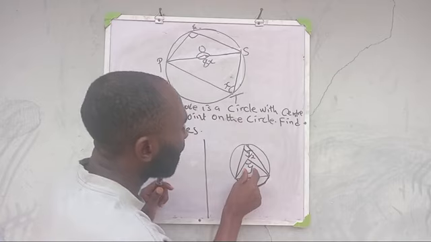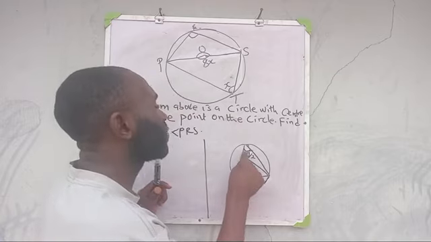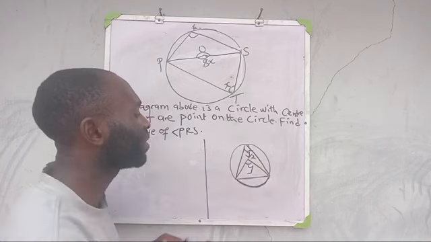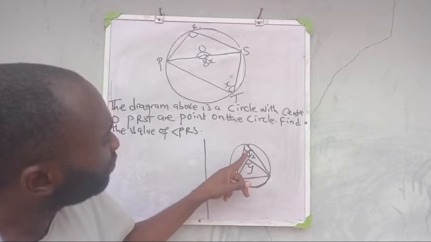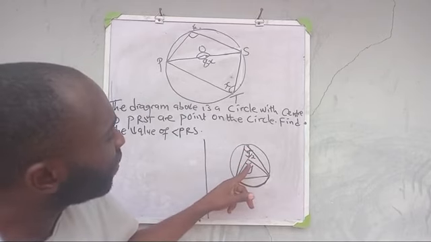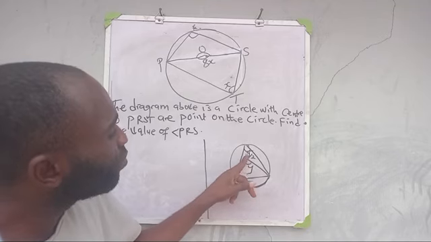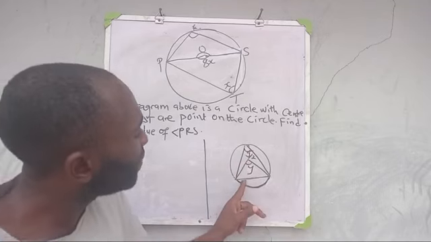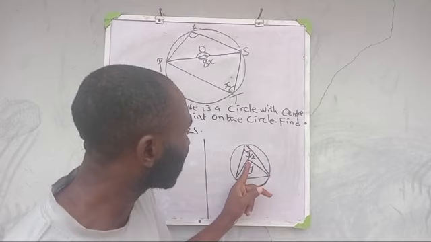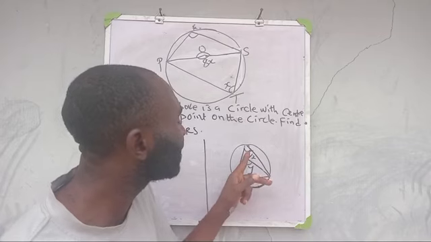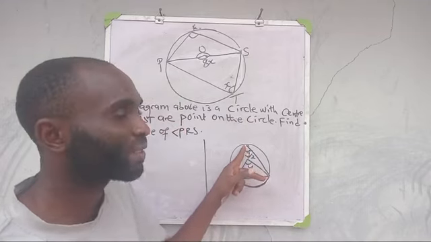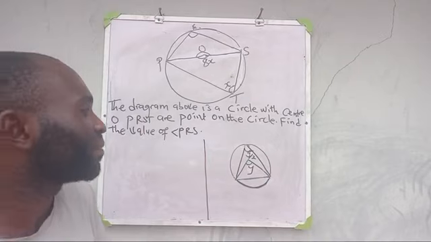What do I mean? The angle at the center is twice the angle sustained at the remaining portion at the circumference. So if you have an angle here of 60, then here will be 30, because the angle at the center is double what is here. If a chord sustains an angle at the center, that angle is twice the angle sustained by that same chord at the circumference in the same segment.